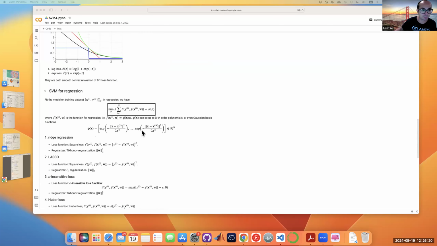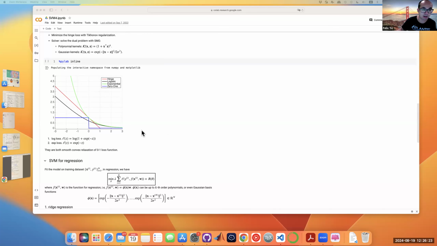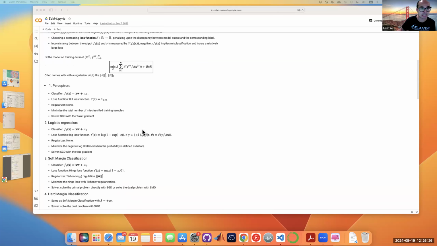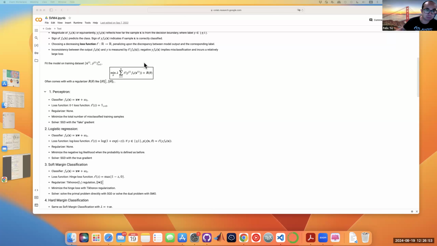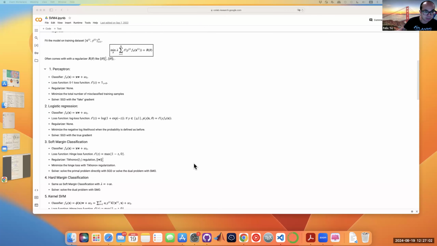But the last note that I want to mention here is that in classification, you can always put z equal to y multiplied by f_theta(x) here as the quantity that is the input to my loss function.